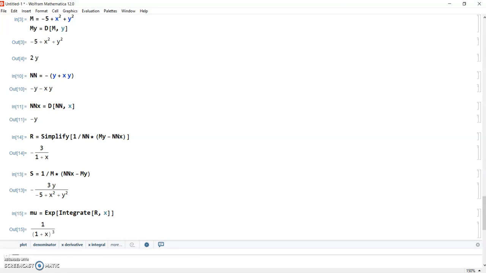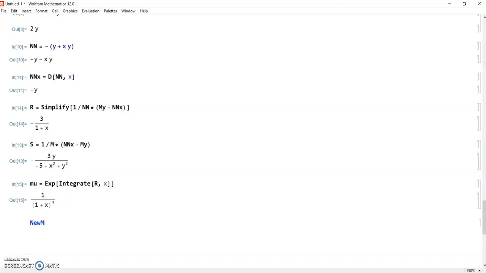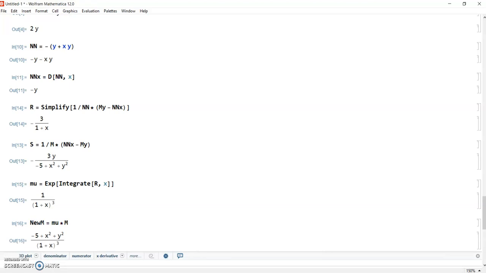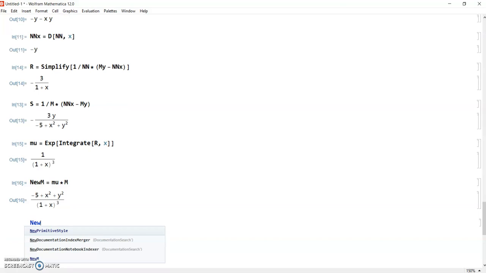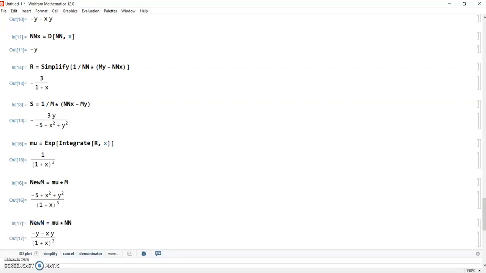So now we can use this integrating factor to find the new M and new N. New M is equal to the integrating factor mu times the old M. So new M is this. And the new N is equal to the integrating factor multiplied by the old N. Now we can check for its exactness.